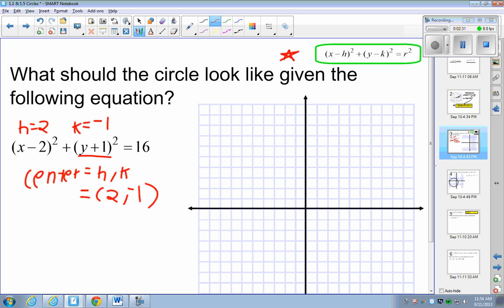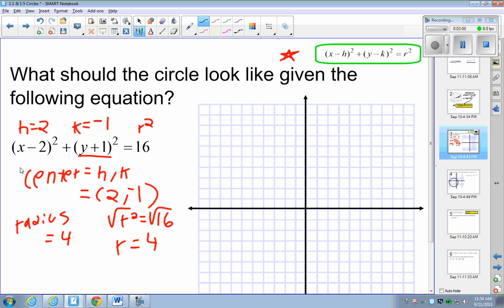All right, so what's our radius? So we know 16, that's our r squared. So we have r squared is equal to 16. Now we have to take the square root of both sides, and we get that r is equal to 4. So radius is equal to 4. All right, now let's go ahead and plot everything.